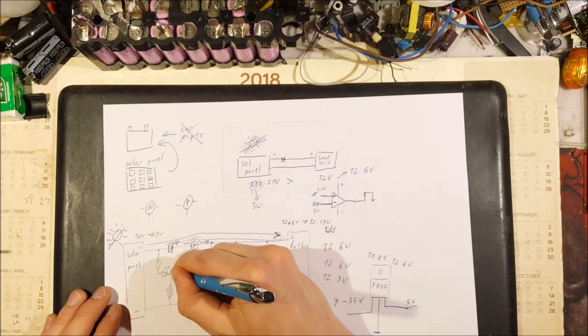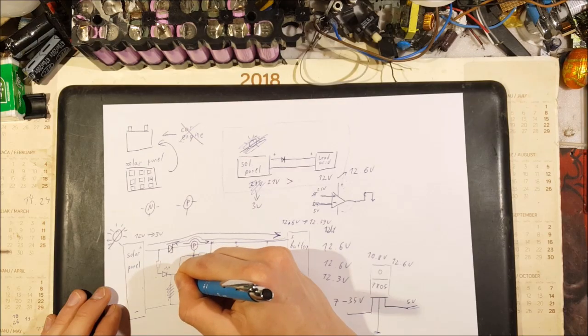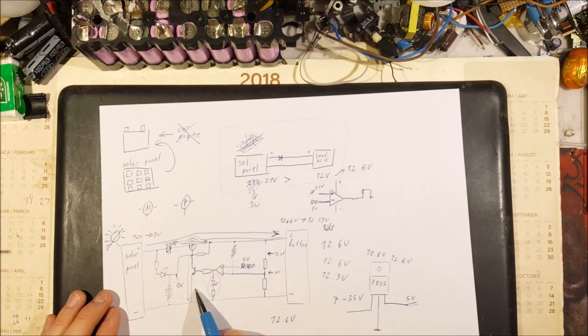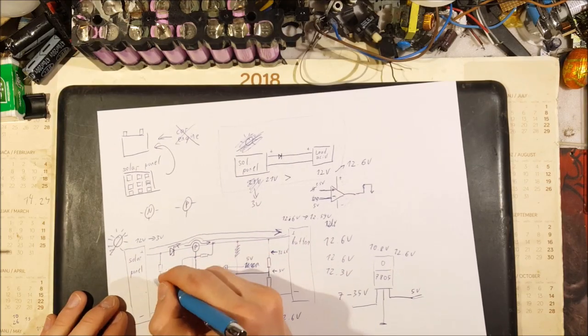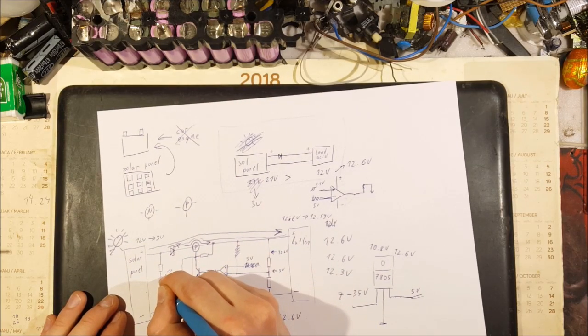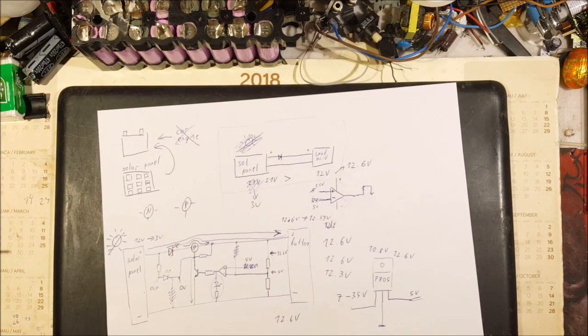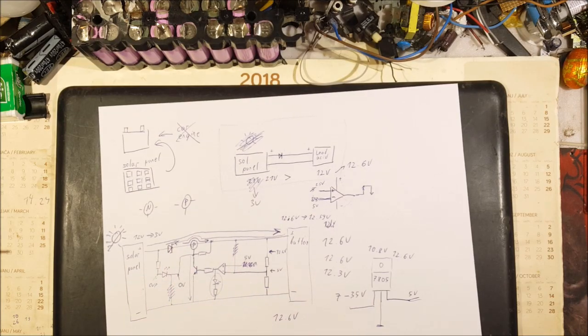This point right here is at 0 volt potential when this transistor is closed, and this side of the diode is also at 0 volt potential because the solar panel is not generating any voltage, and the voltage from the battery cannot get to this point because this little diode is blocking it.